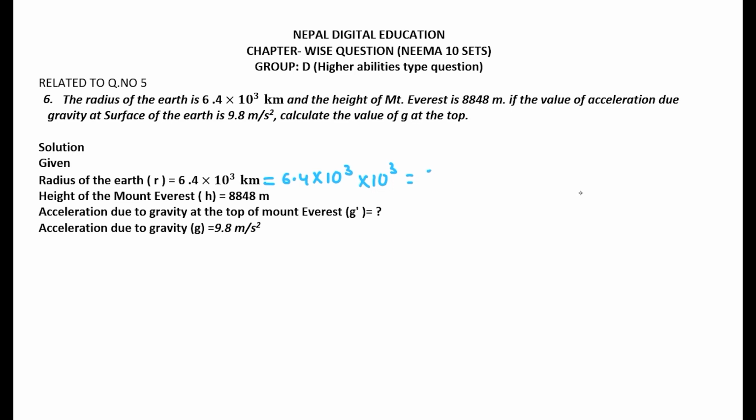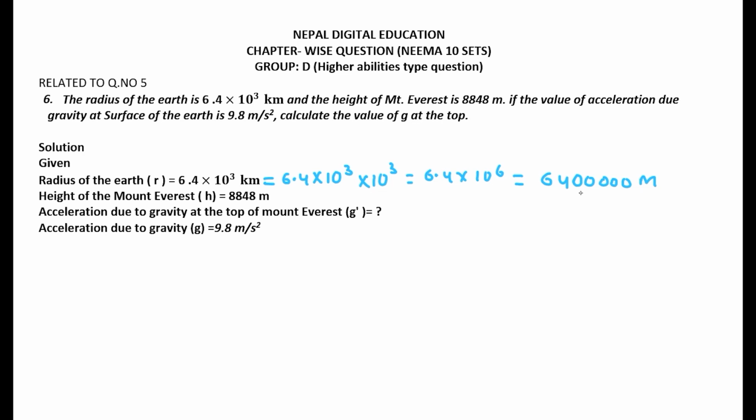So it becomes 6.4 into 10 to the power 6 meter. When we multiply this term, then we get the value in meters. So this is the required radius of the earth, and the height of Mount Everest is 8848 meter.